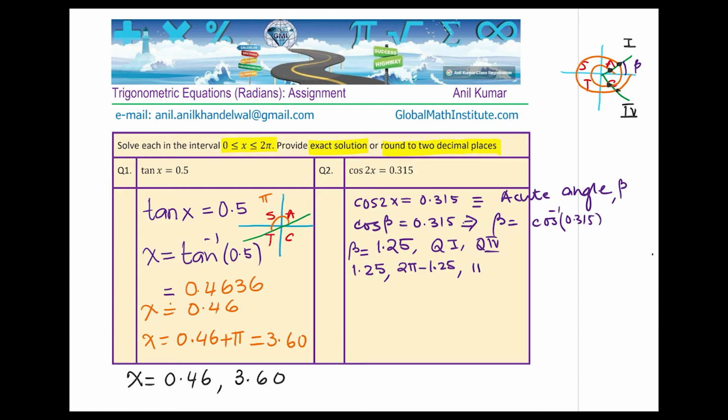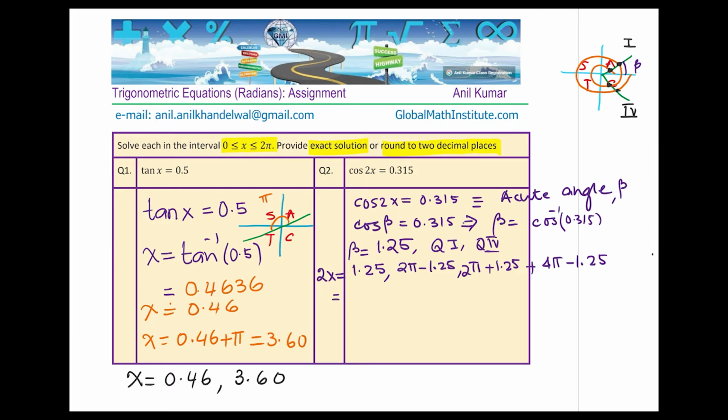So we have 2 pi plus 1.25 and 4 pi minus 1.25. Do you see these four solutions? These are the four solutions for the angle 2x. Perfect. So once we find the acute angle, we'll know all possible answers for the given angle, which is 2x.